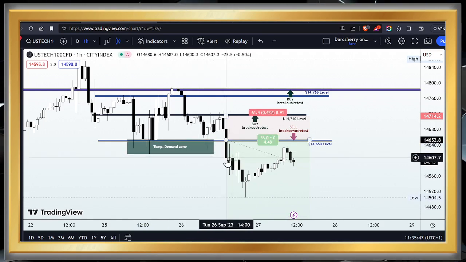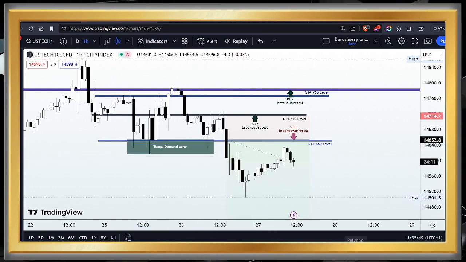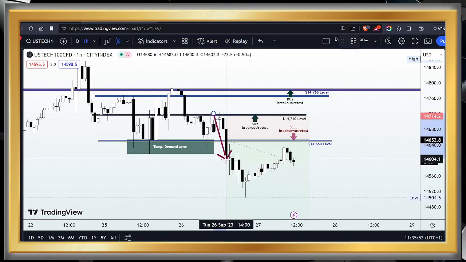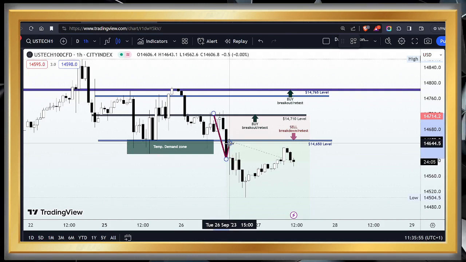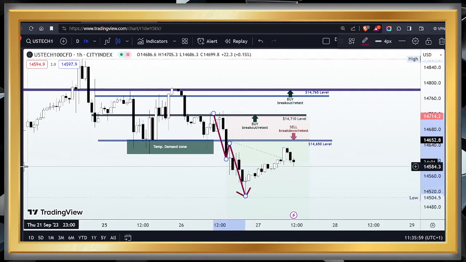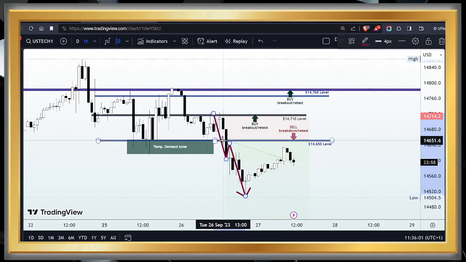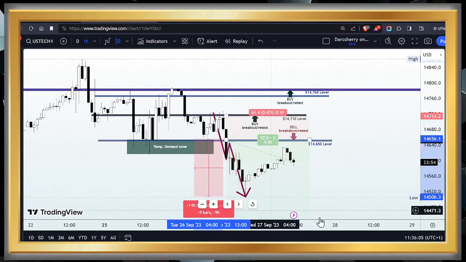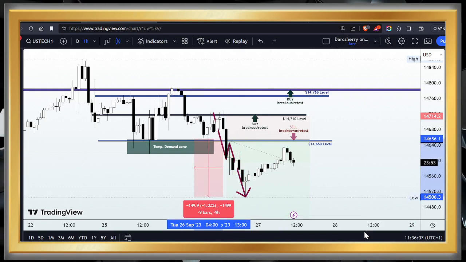A couple of hours into the New York session, we saw this huge engulfing bearish candle slicing through the structure. We saw price come back to retest that zone, and price rode all the way to the downside into the 14,500, giving us about how many pips was that? About 130 pips before this bullish momentum began.